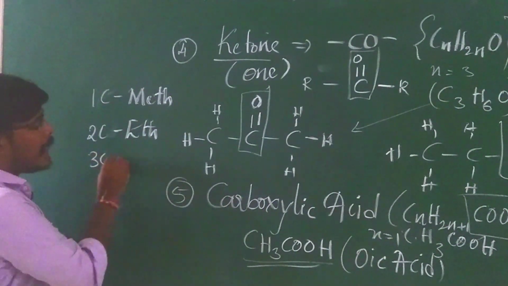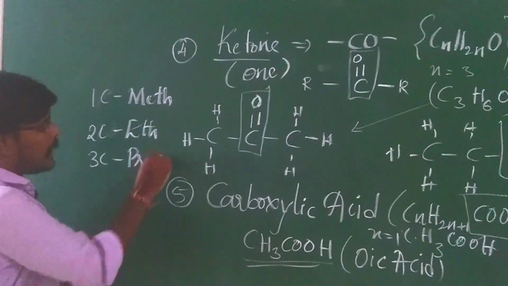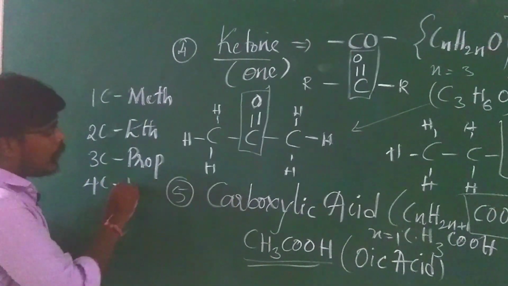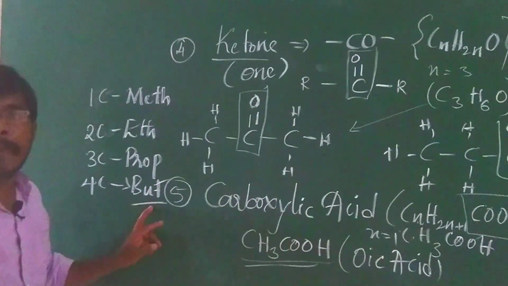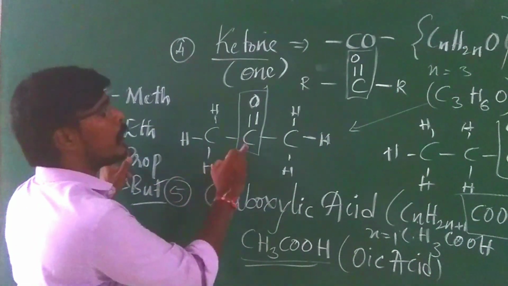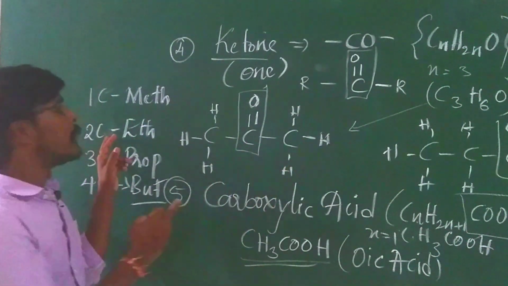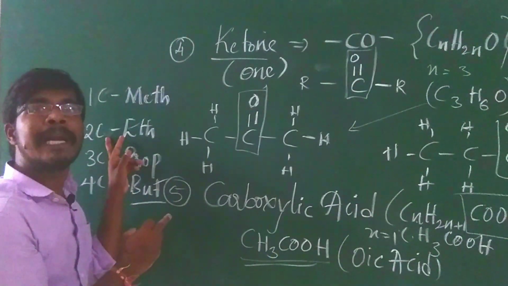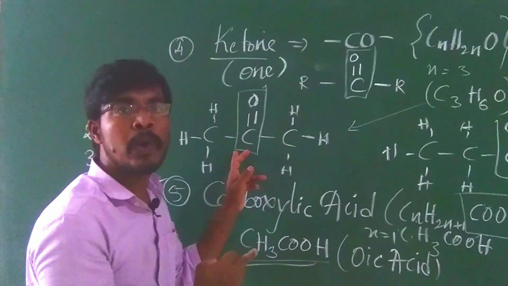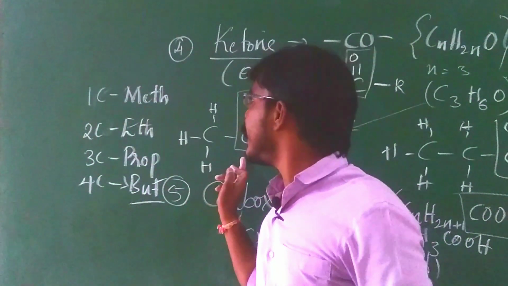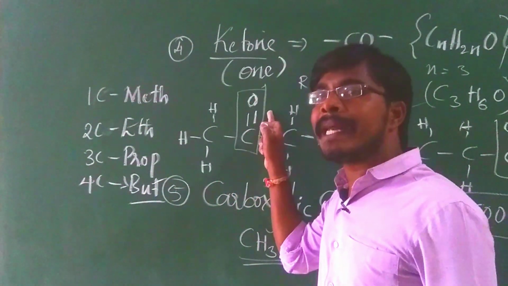And 3 carbon atoms is "prop". And 4 carbon atoms is called "but". So here, 1, 2, 3, 3 carbon atoms, due to that we can say it is "prop". Okay, if prop is there and the functional group here is ketone.